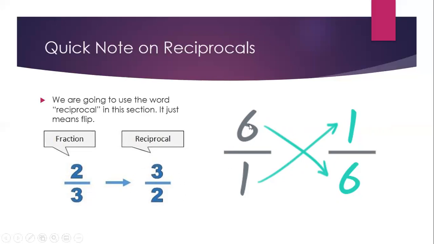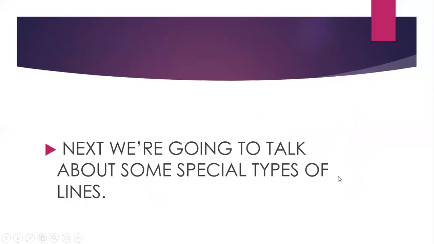If I have 6/1 and I flip it, then the 6 goes to the bottom and 1 goes to the top because you flipped it, and I get 1/6. So reciprocal of 6/1 is 1/6. You just flip it. That's all reciprocal means. So that's going to be useful for us when we talk about these kind of lines.